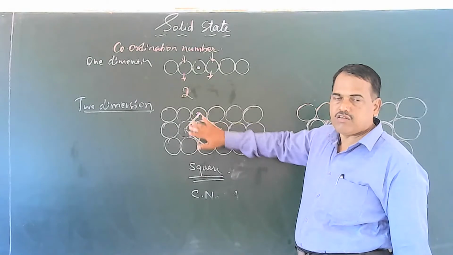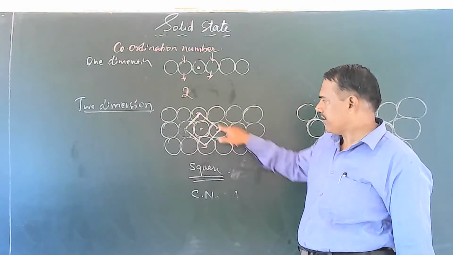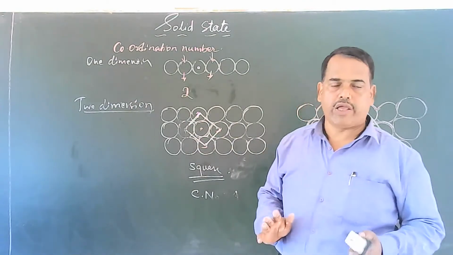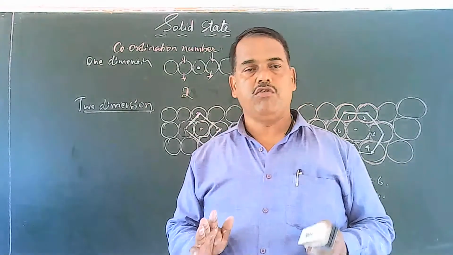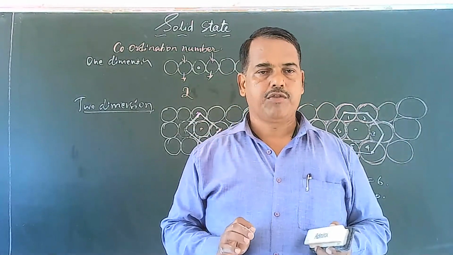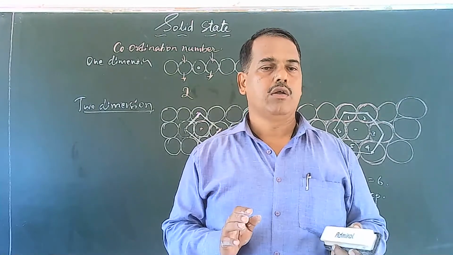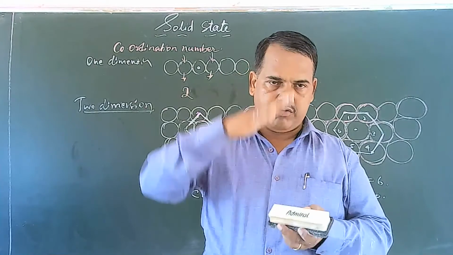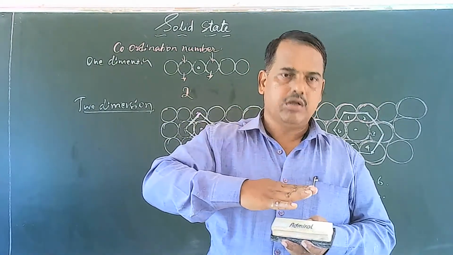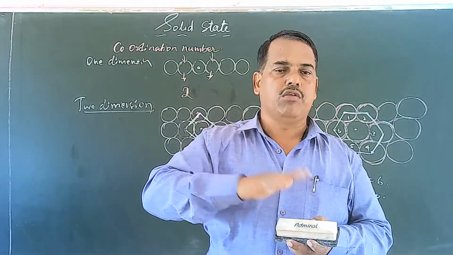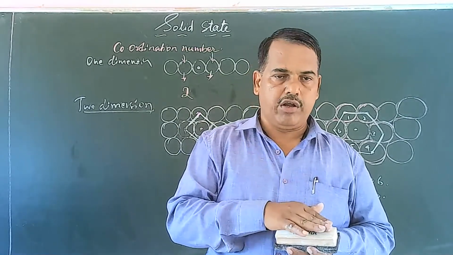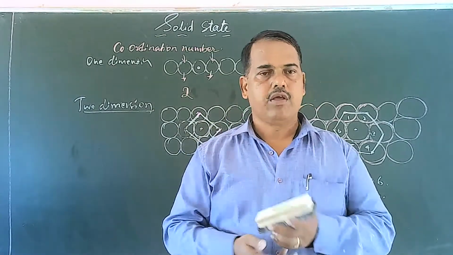What is the geometry? It is nothing but a square. You can find the square. Are you clear? So, in two dimensions, when the spheres are placed one below the other, its coordination number is 4 and the geometry of it is square.